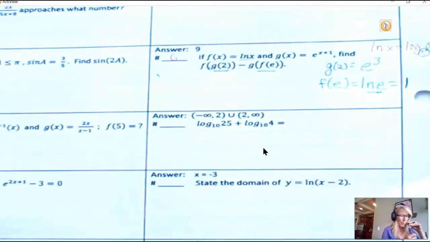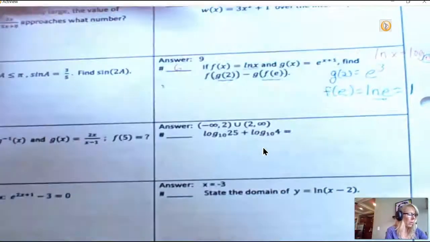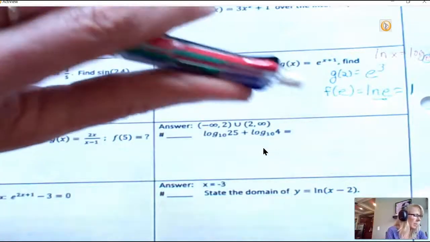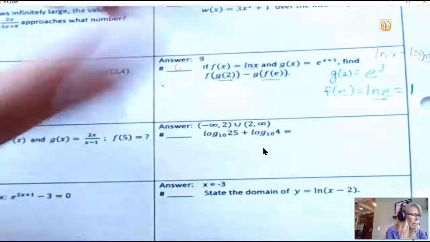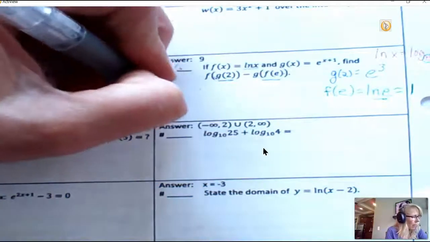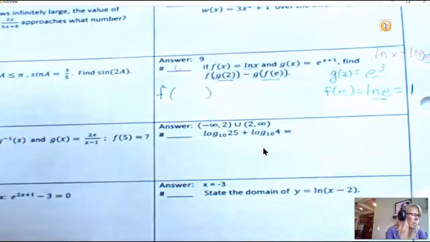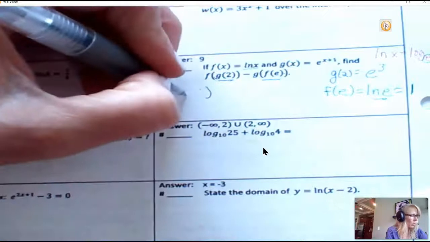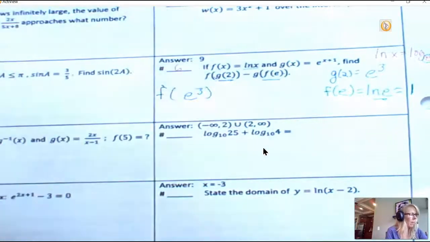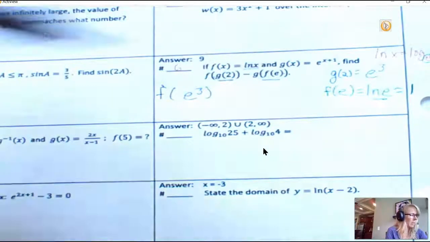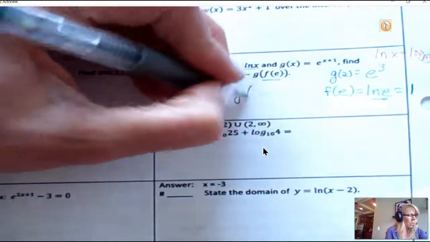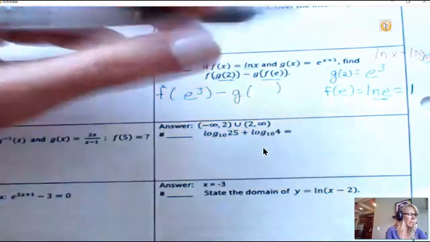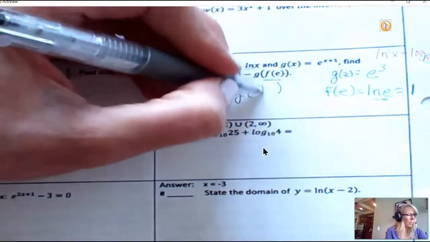All right. So we found f of e, we found g of 2. So let's go ahead and plug these pieces into our puzzle here. So we have f of e to the third, because that's g of 2, and then we've got minus g of, well, that's g of 1, because f of e is 1.